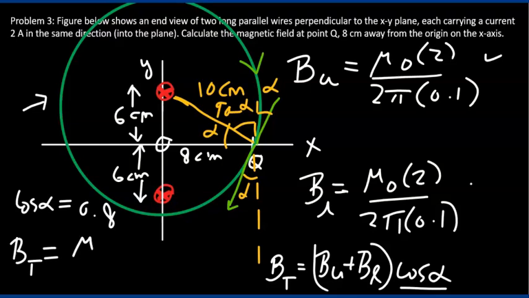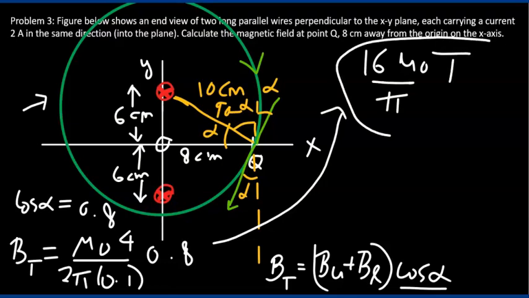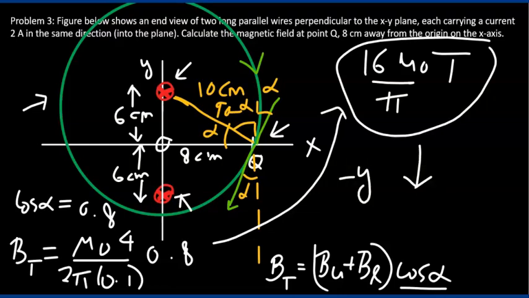So you're going to get mu naught times 4 over 2 pi times 0.1 times cosine alpha, which is 0.8, which will give us 16 mu naught over pi Tesla. So that is the magnetic field at this point Q due to these two currents. And the direction of this net magnetic field at point Q is along the negative y-axis. That solves the problem.